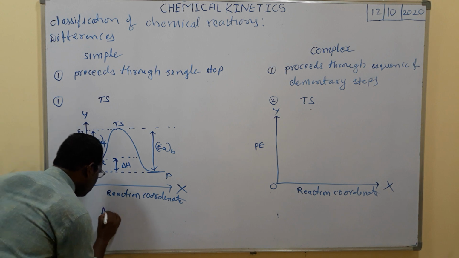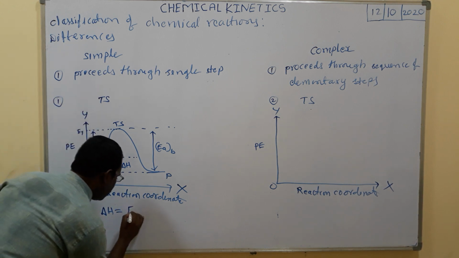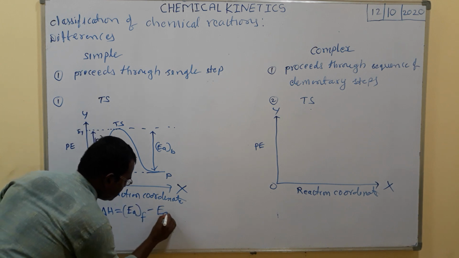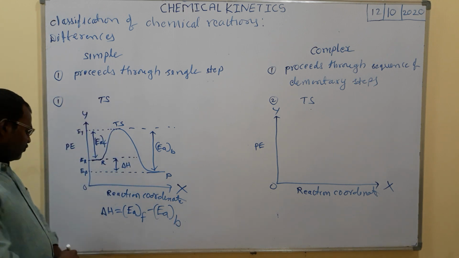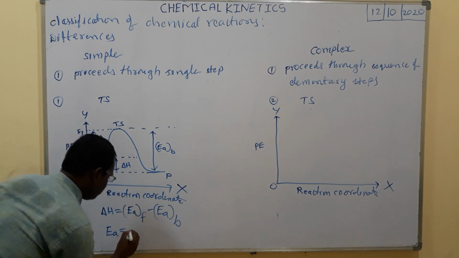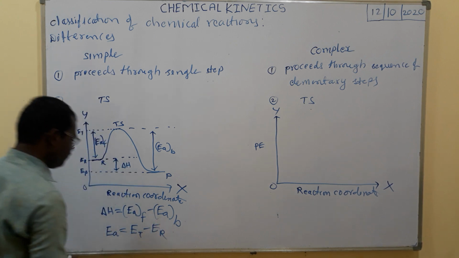So if we want to calculate the enthalpy, it is equal to the activation energy of the forward reaction minus the activation energy of the backward reaction, and this activation energy is generally equal to threshold energy minus reactant energy.